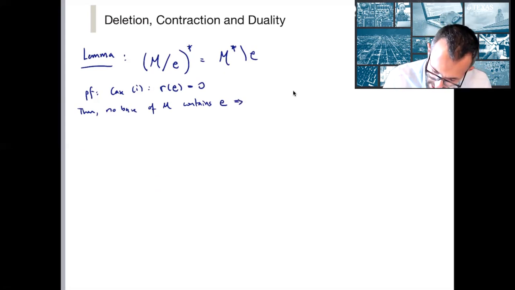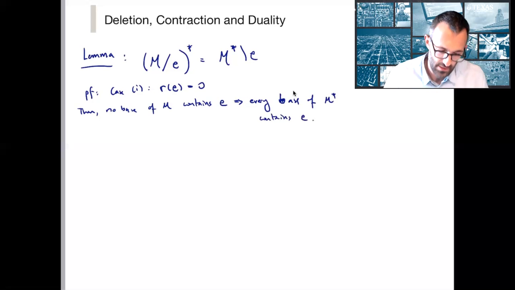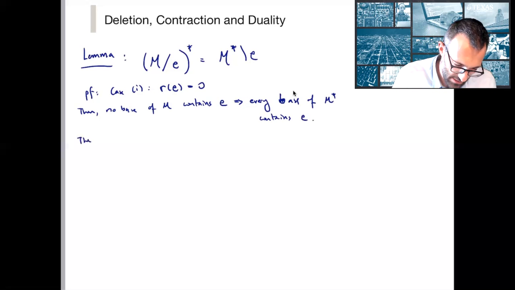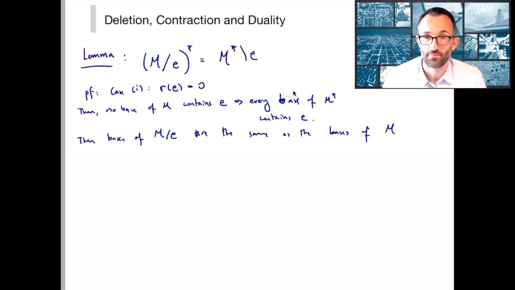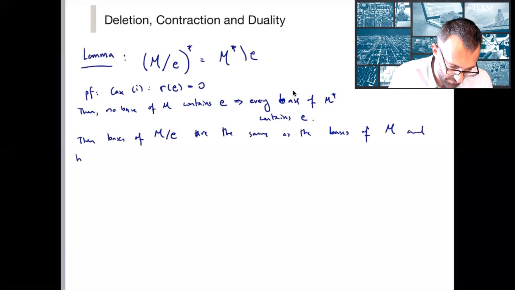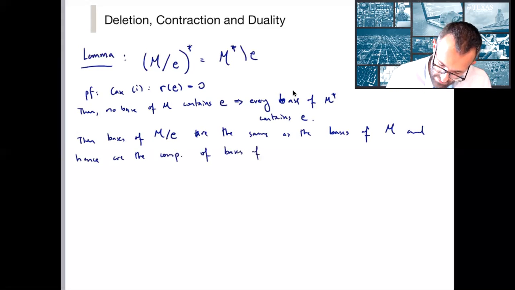So that means that every base, every maximal independent set in M star has to contain this element E. So that means that the bases of M with E contracted are just the same as the bases of M, again because no basis of M contains E. And hence, these are the complements of bases of M star minus the set E.